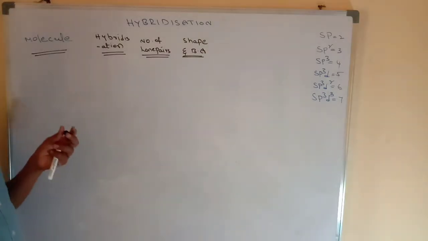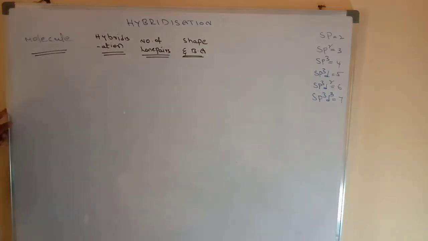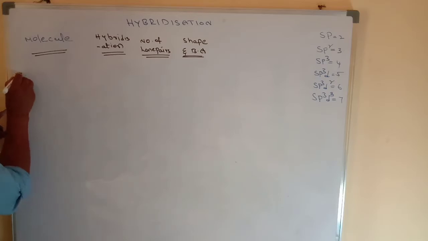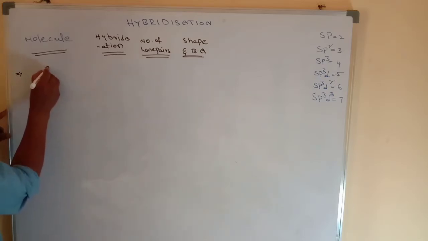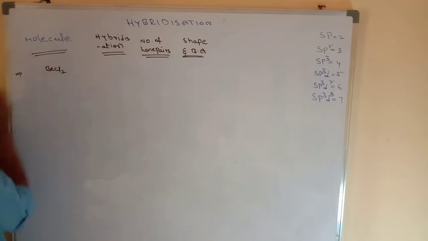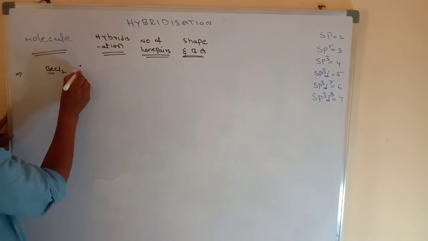Already I discussed sp hybridization in the last class. Now I want to continue the same. For example, BeCl2, beryllium chloride. Beryllium belongs to the second group, so draw 2 dots.